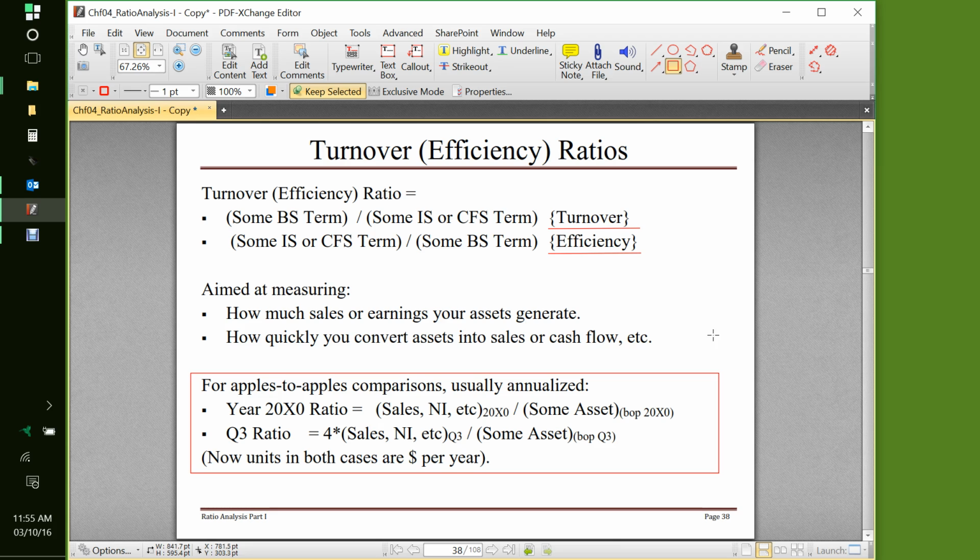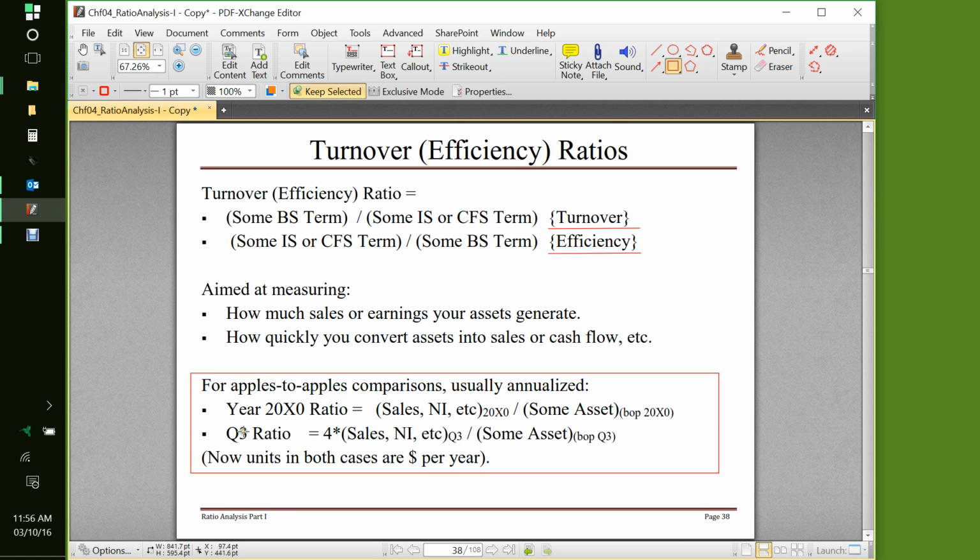And compared to something on a balance sheet which has just the units of dollars, okay, total assets in dollars, cash in dollars, or yuan, or whatever currency we are using.